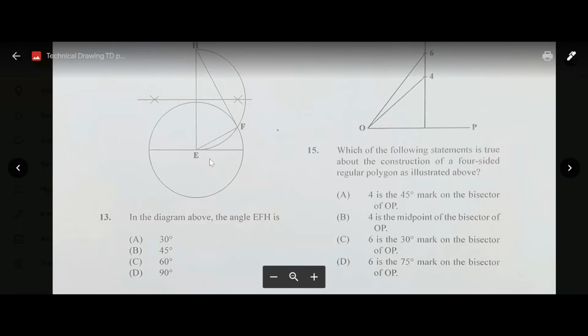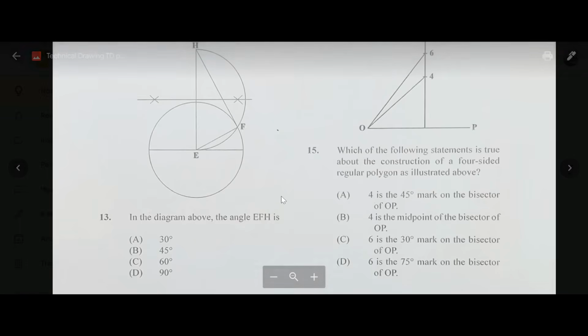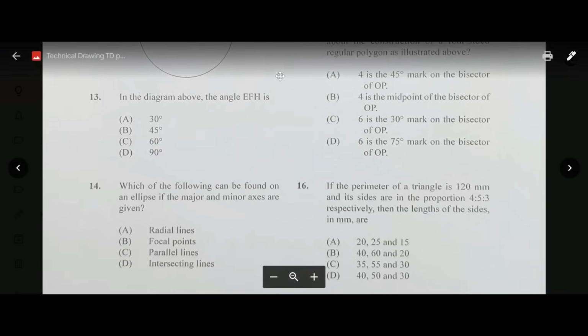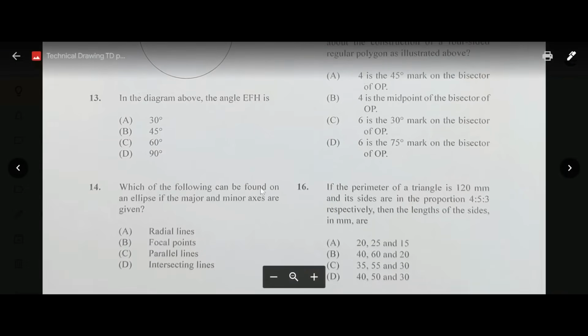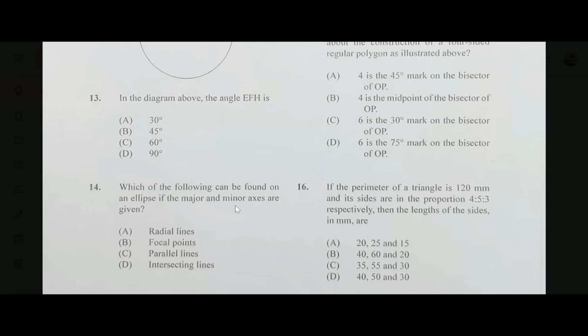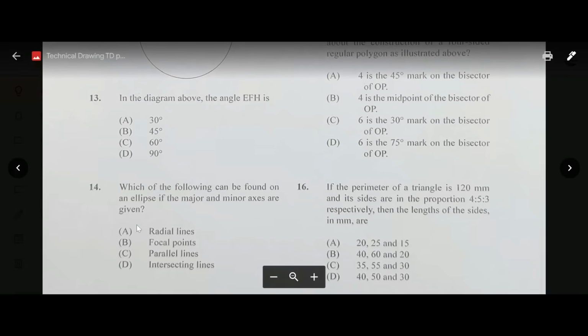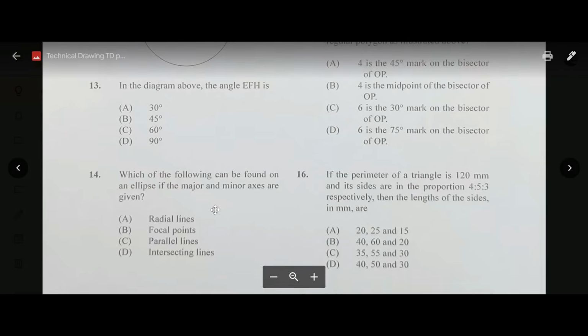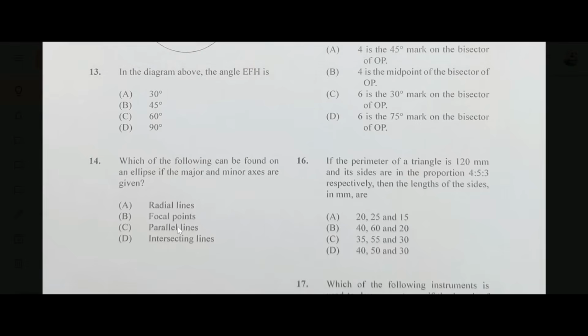Because EFH is a right-angled triangle. Number 14. Which of the following can be found on an ellipse if the major and minor axes are given? Okay, so if you have the major and the minor axes, then you can find the focal points. So the answer is B.